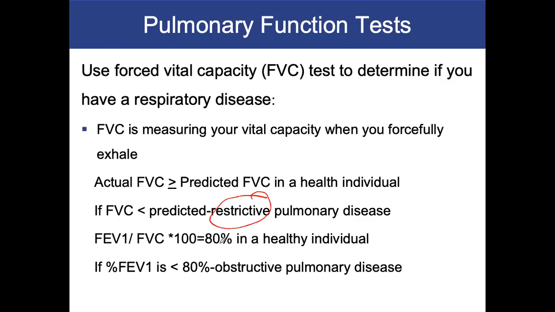So what this means is in 1 second, you should be able to forcefully exhale out 80% of maximum if you're a normal, healthy individual. If your percent FEV1 is less than 80%, it shows an obstructive pulmonary disease, right? So if FEV1% is less than 80, it shows an obstruction.